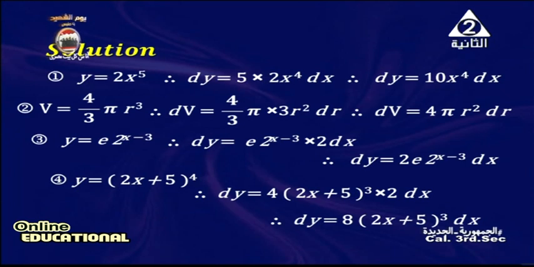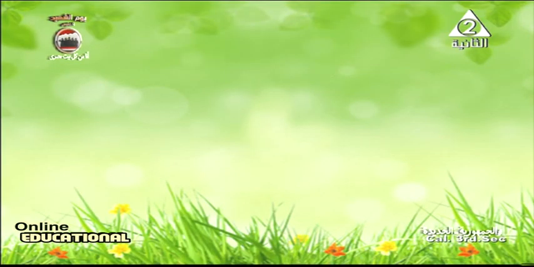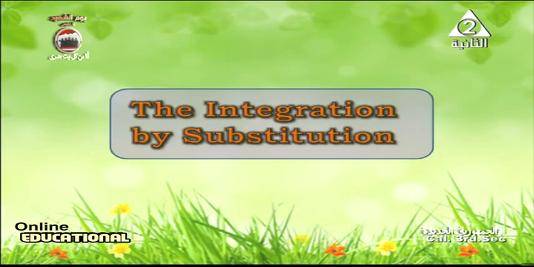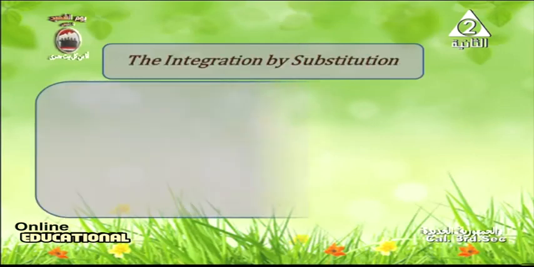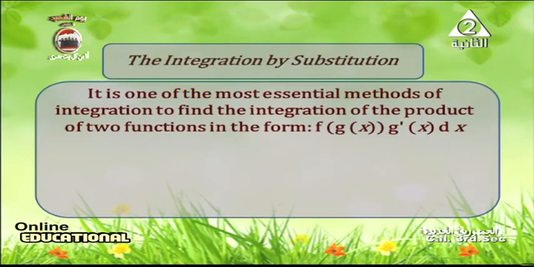Now, the first method of integration, the integration by substitution. The integration by substitution is one of the most important methods of integration to find the integration of the product of two functions in the form f of g of x multiply g dash of x dx.